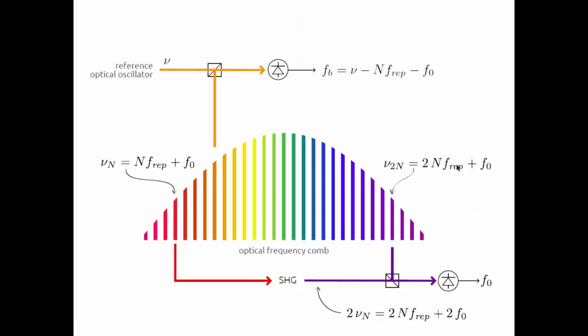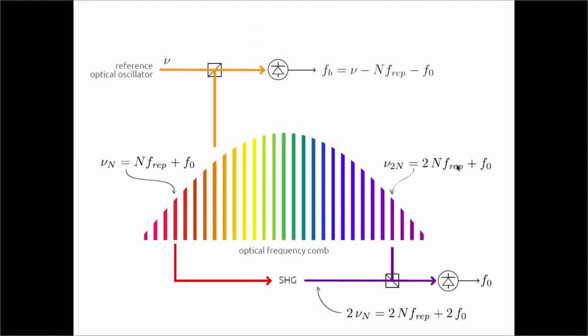The comb can be locked to an optical reference, simply taking one of the lines, beating it with the laser field from a reference oscillator, measuring this beat note. One of the things we do in the specific implementation of this technique is that we don't stabilize the parameter f0, but we measure it and we subtract it from our beat note.